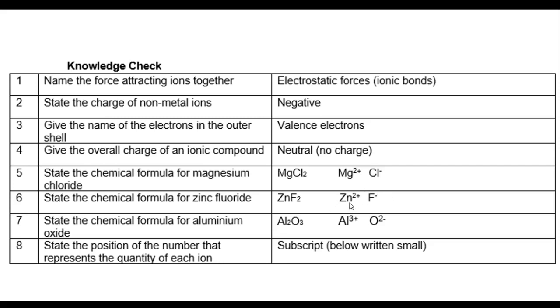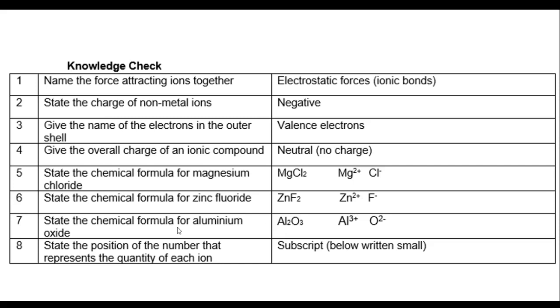So very similar to magnesium chloride, because the zinc is 2+ charge, we need 2 fluoride ions to make up that neutral charge. So the formula is ZnF2. And remember that we write the amount of ions in subscript, meaning small below, and the charges should be superscript, small above.